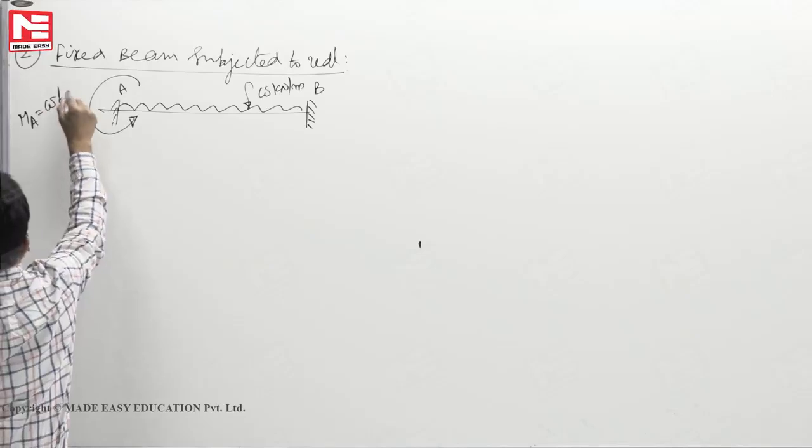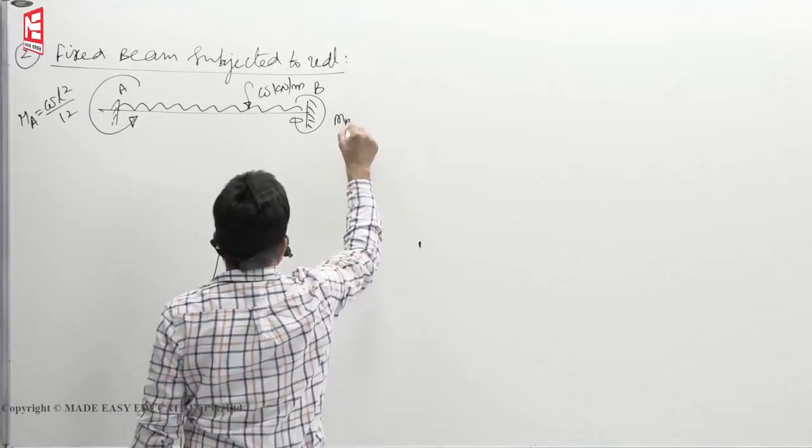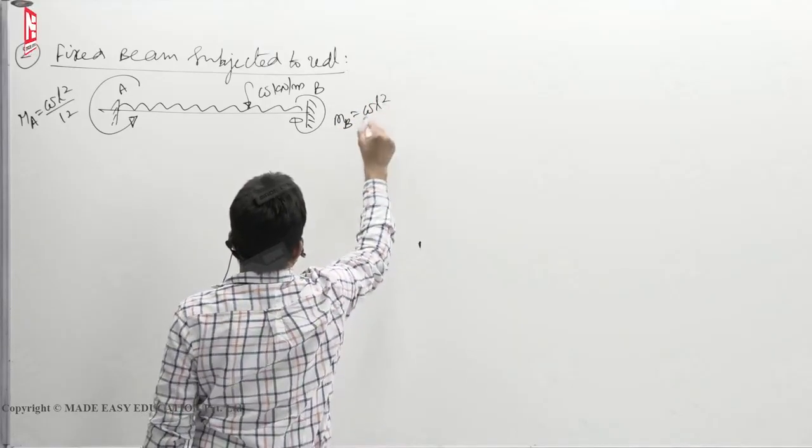MA is equal to WL square by 12. MB is also WL square by 12.